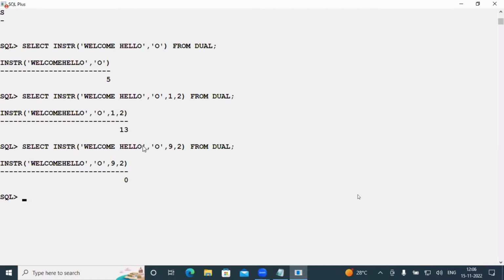Okay, now suppose in the same case I was given 1. Now tell me, after H, is there any first occurrence of O? Yes, the first occurrence of O was there. But what is the position of this O?